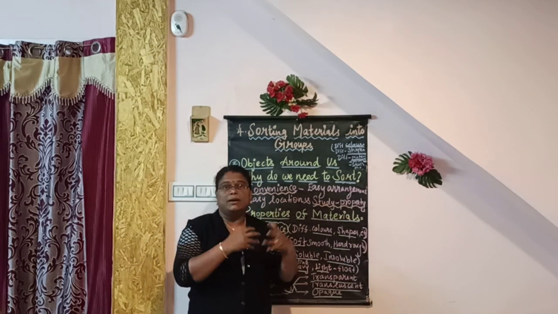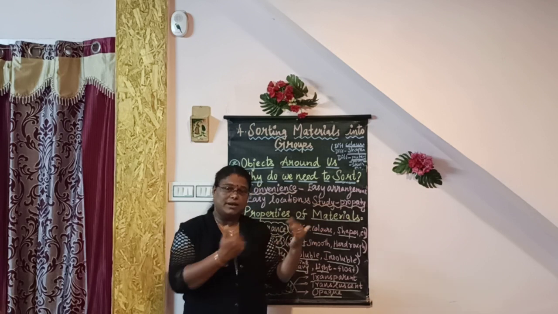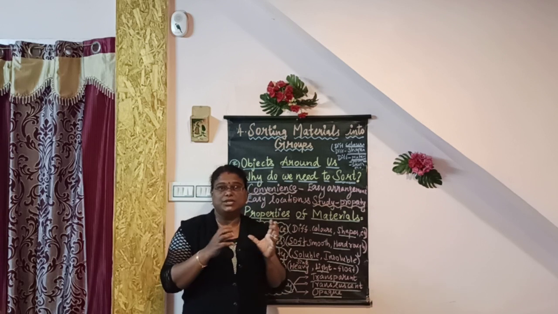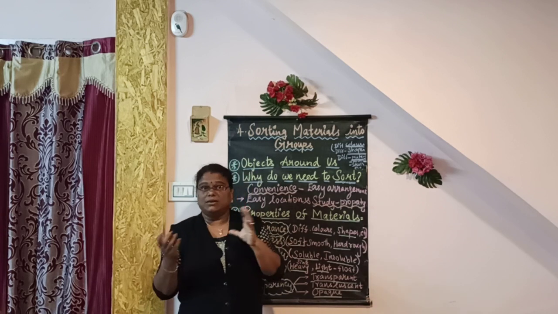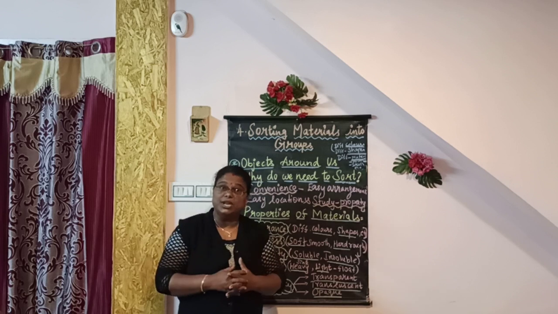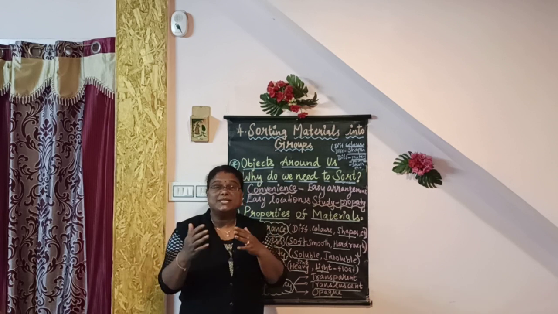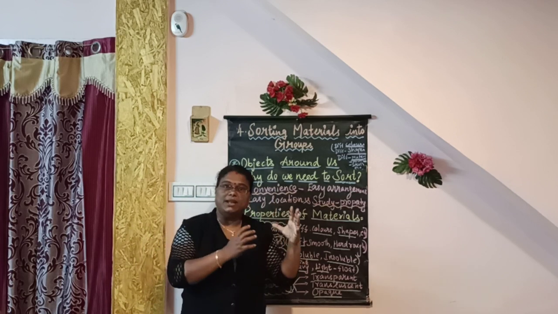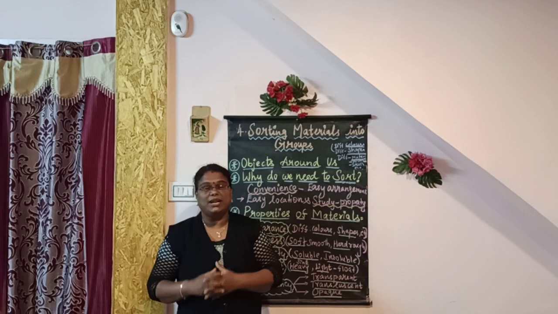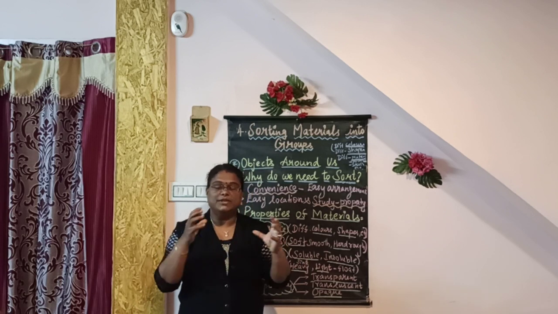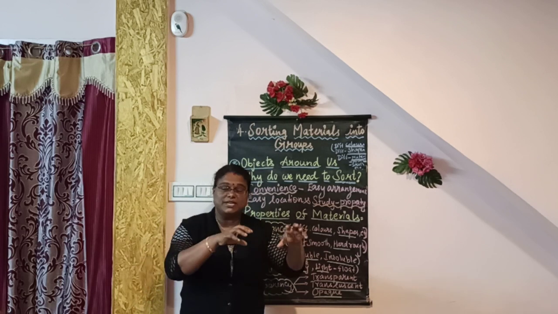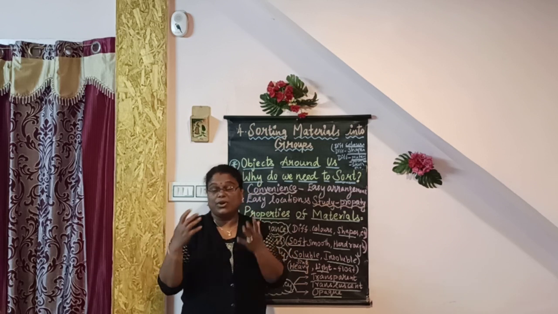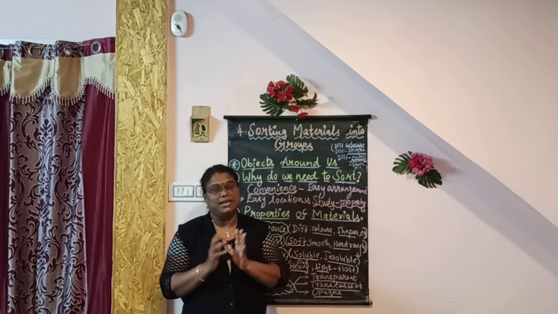Example, when your mom comes from the market with vegetables, she will arrange the vegetables, and before arranging, she will be separating the vegetables, like lady's finger separately, tomatoes separately, onions separately, brinjal separately, and she will be packing or putting all these vegetables in different bowls. This helps her in easy location and easy arrangement.